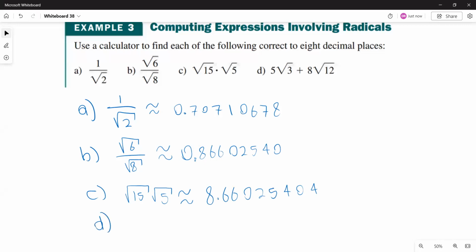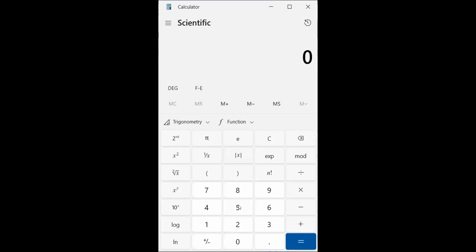And D, 5 square root of 3 plus 8 square root of 12. So let's try this. This is 5 times square root of 3 plus 8 times square root of 12.